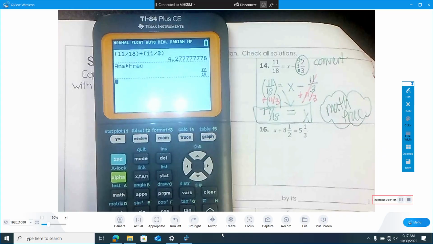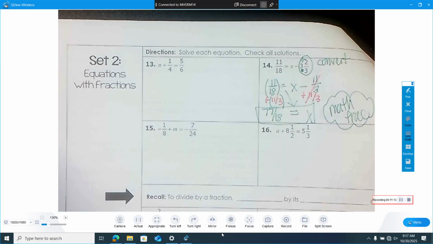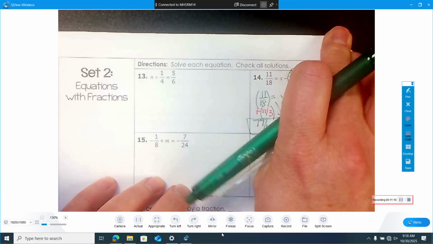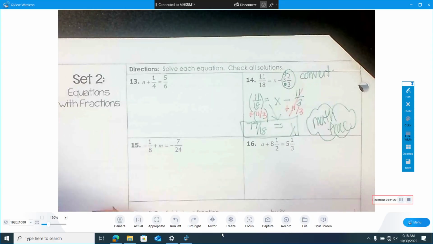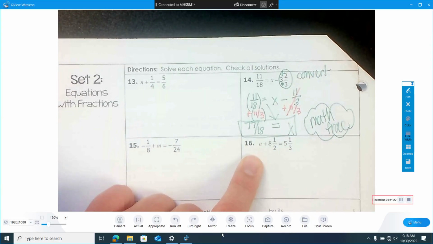Are our numbers always going to be pretty numbers? No. Thank God for calculators, right? So let's learn how to use our calculator correctly. Let's do number 16 here. So what do we need to do on number 16?